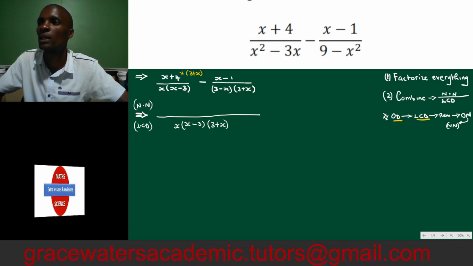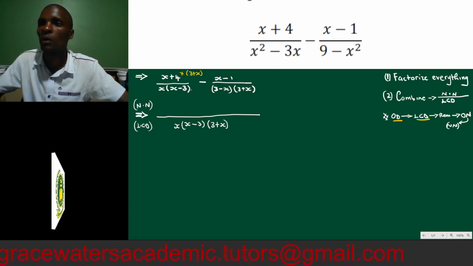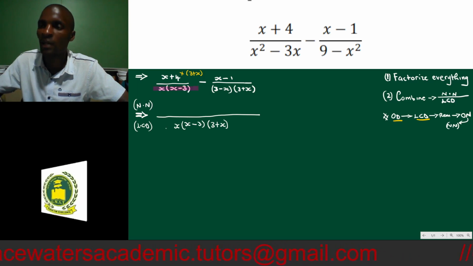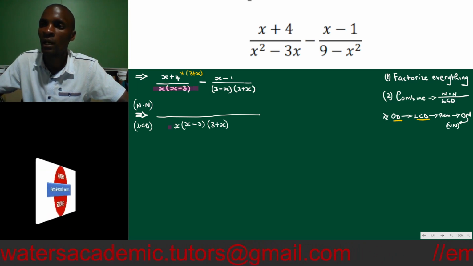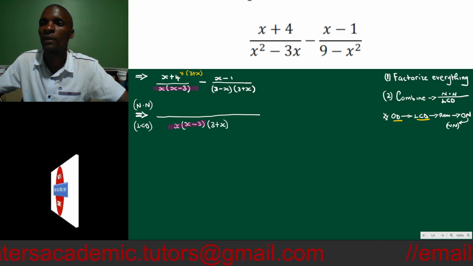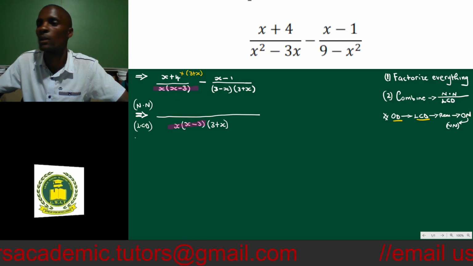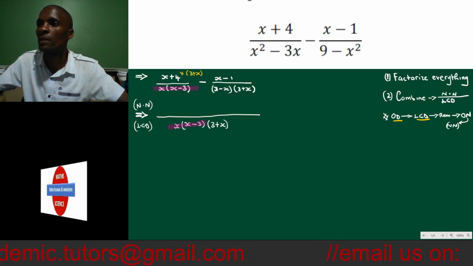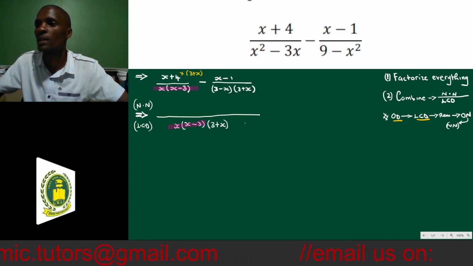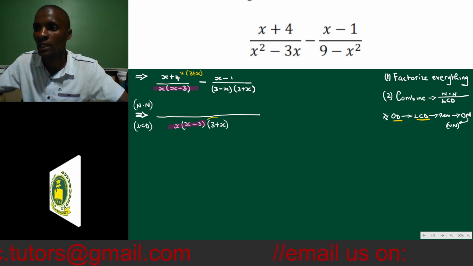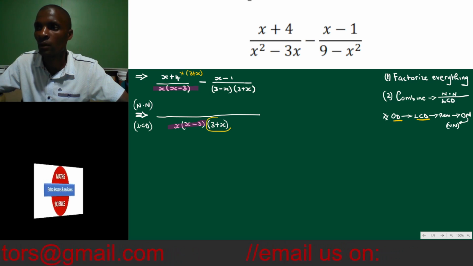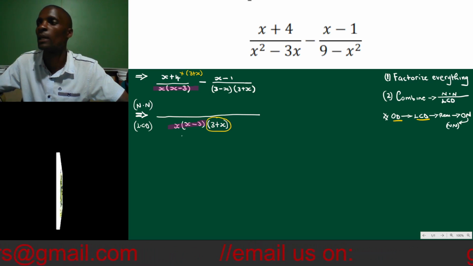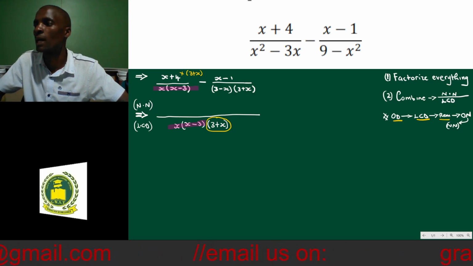Let us do it together. Old denominator into the common denominator. They are matching, that's why I cancelled them. Now I have got the remainder. What's the remainder? The remainder is this one that I'm putting in yellow. So for the remainder I'm done.